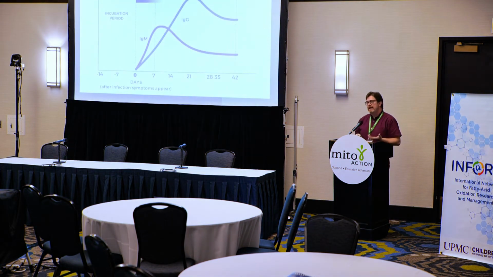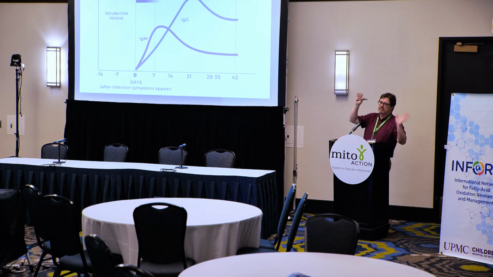So just to remind you, the way antibodies work is that you get exposed to something, and this could be a vaccination, or in this particular case, a virus, and the immune system, B cells, develop antibodies. They're supposed to be protective for you. So the first type of antibody that you produce is IgM. And then eventually that switches over to IgG.